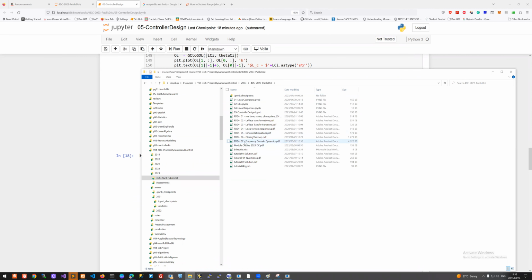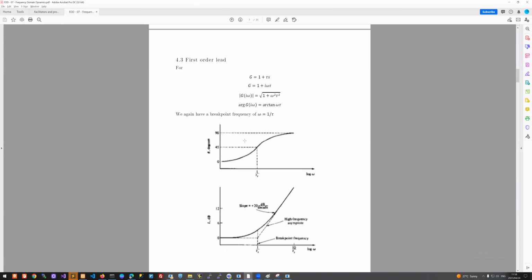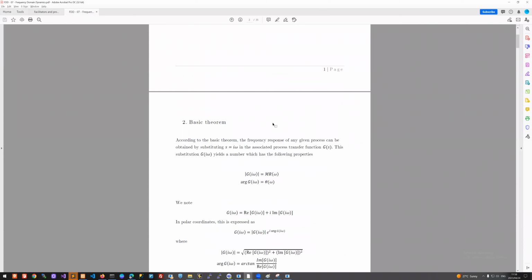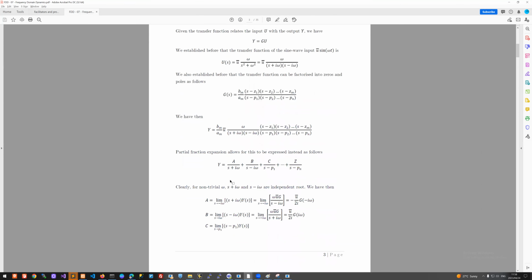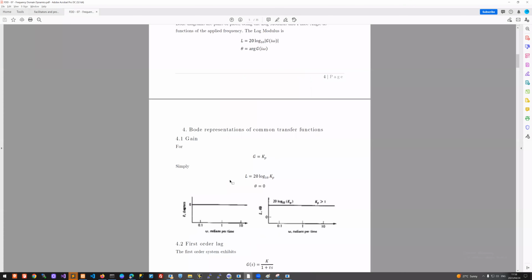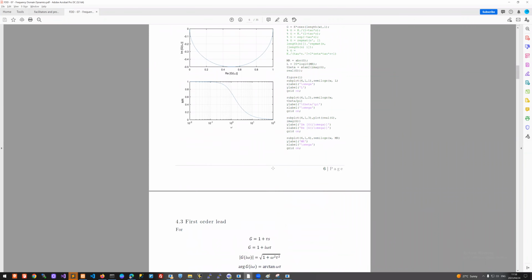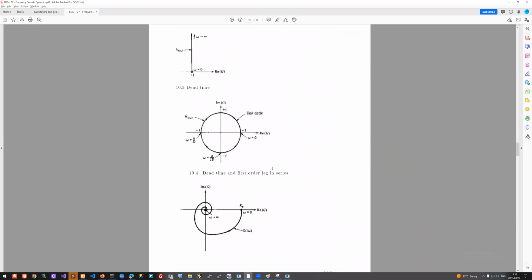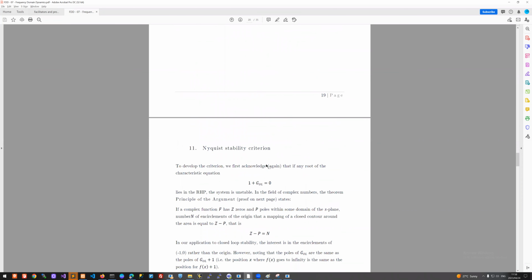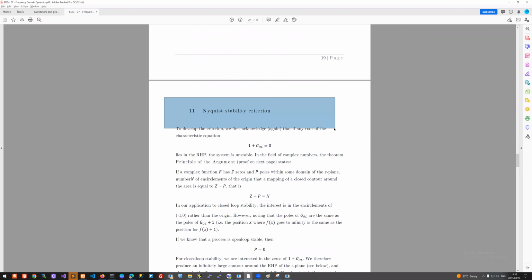Yeah, it's here. Frequency domain dynamics 07, the same set of notes we're looking at now. In this first part, we introduced the basic theorem and all that. And then for whatever reason, I put in all this Bode diagram stuff here. So just jump past all this and go to here, Nyquist stability criterion.